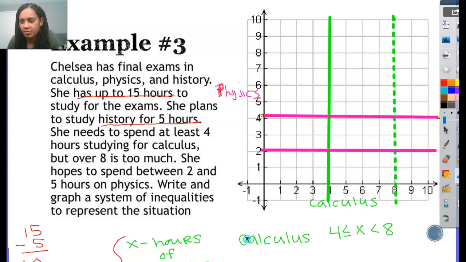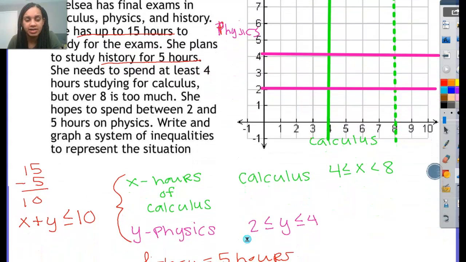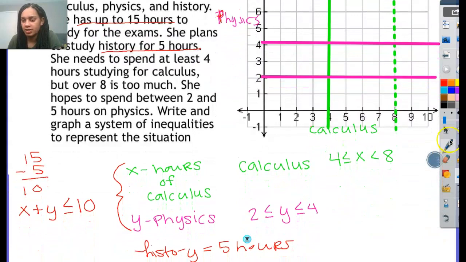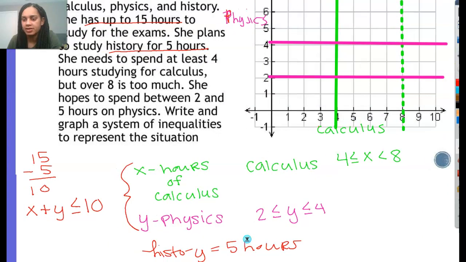But we also talked about one other thing, the total hours studied, which is over here written in red. The total hours of calculus and physics together. We kind of took history out of the equation by subtracting 5 from the beginning. So let's see what we're left with. Y is less than or equal to negative x plus 10. So let's go ahead and graph that one in red.